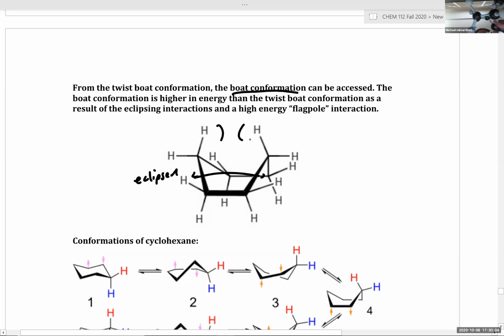But also we have a steric interaction. As we can notice quite clearly with our flagpole substituents, these bulky flagpole substituents are now brought in close proximity. So we have a steric interaction between quote-unquote flagpole substituents.